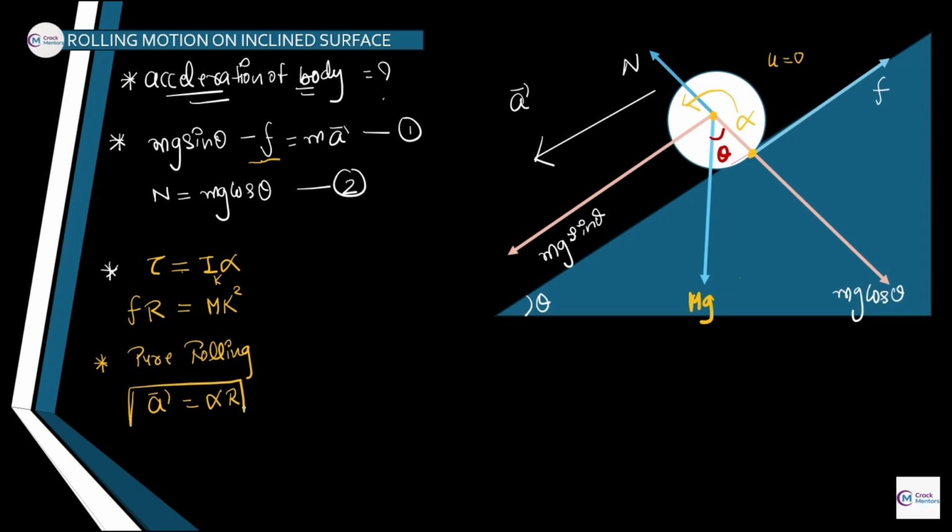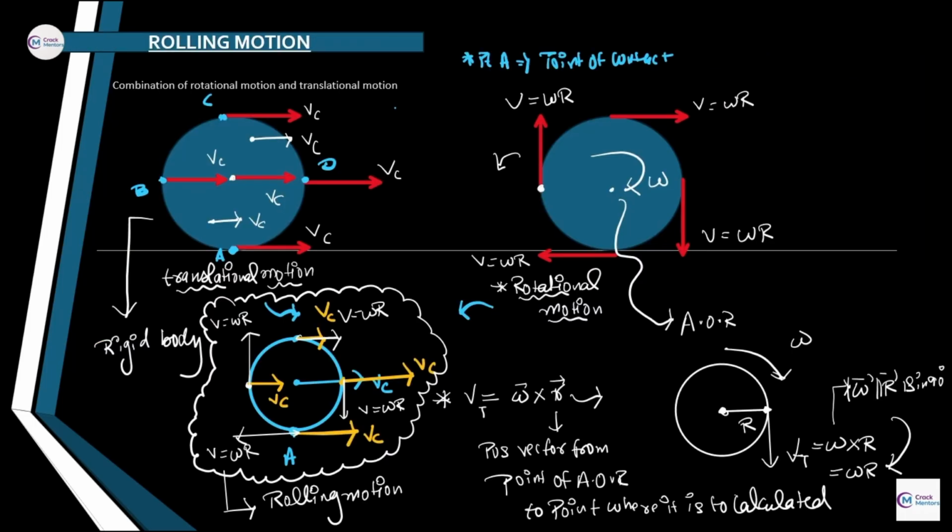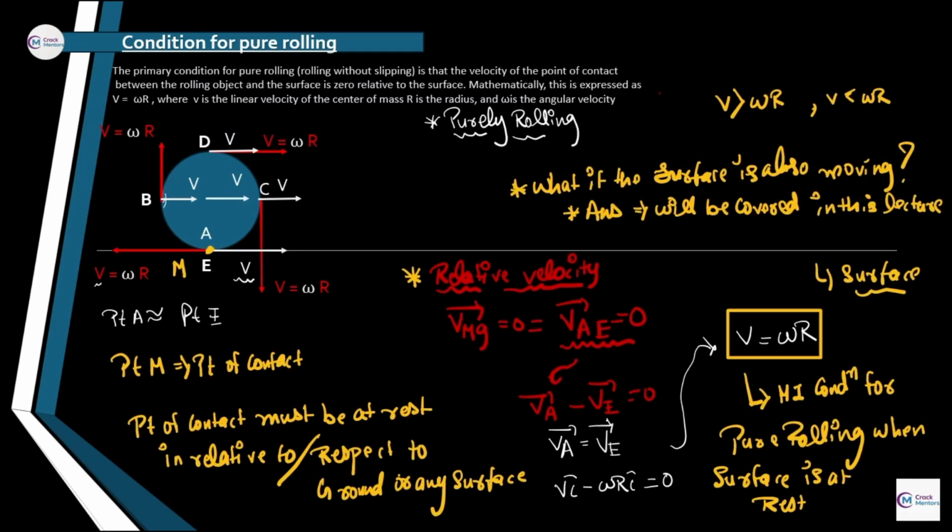We know about this. Now if we put the value of alpha in this, just let me show you if you do not remember it. This is v is equal to omega r. By differentiating this, let me find that slide.